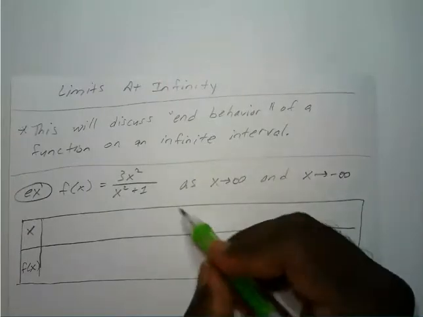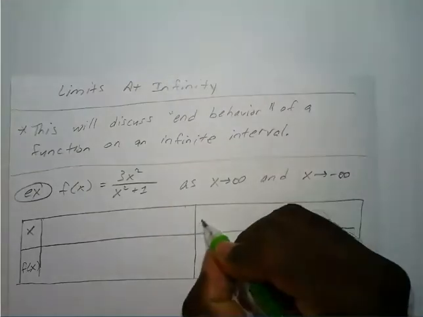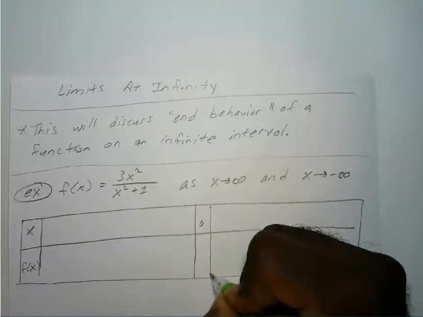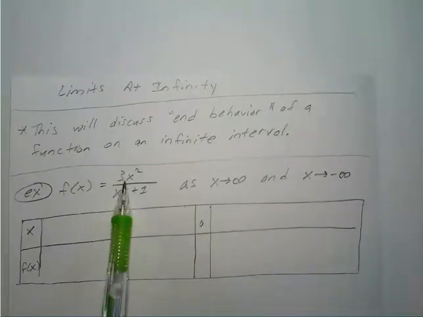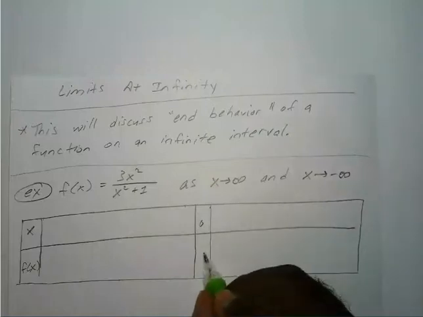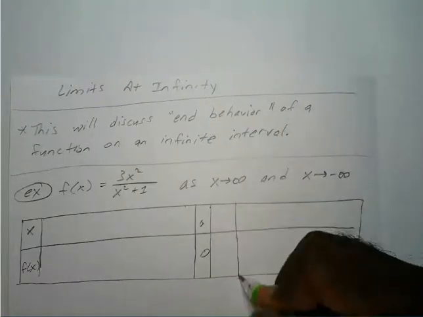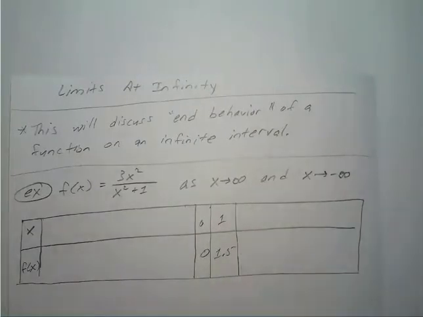Let's say we start at 0. If you plug in x equals 0, you'll get 0 over 1, which is 0. If you plug in x equals positive 1, you'll get 1.5, or 3 over 2.